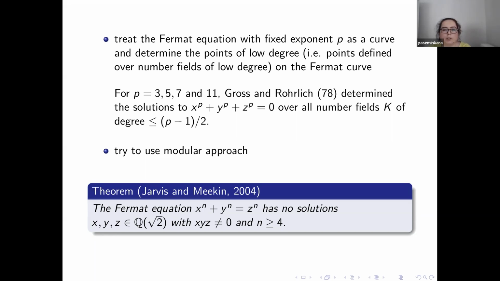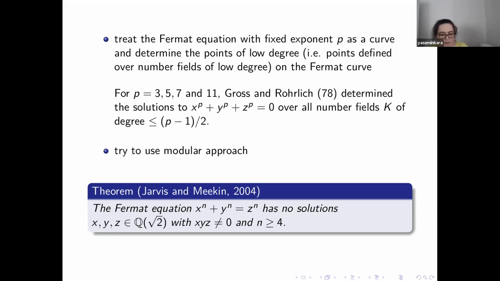And for example, by using this method, Gross and Rohrlich determined the solutions of the Fermat equation over number fields K whose degrees are less than or equal to (p minus 1) over 2, for p equal to 3, 5, 7, and 11.